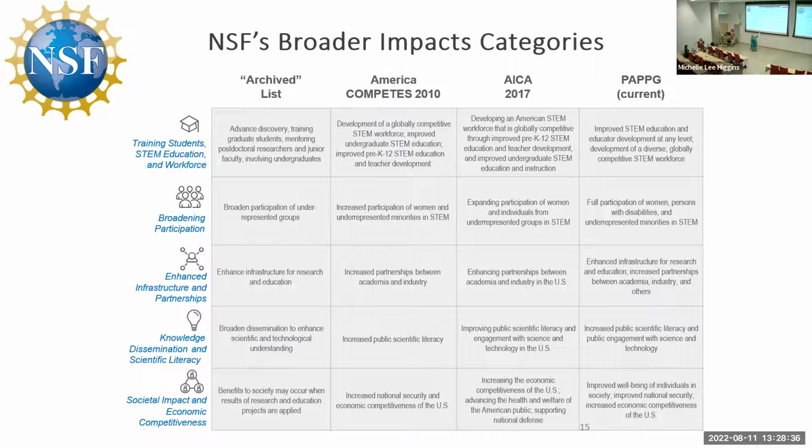So the one that is the most common is the top one, improve STEM education and educator development at any level. And now it's starting to morph into these words around workforce development. This is NSF, so that's why it says STEM. When we talk about societal impacts more broadly, it reaches beyond STEM, of course, but this is the National Science Foundation. So K-12 teachers and students, community college, undergraduates, graduates, all levels.